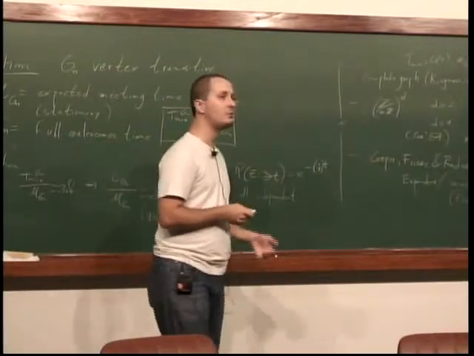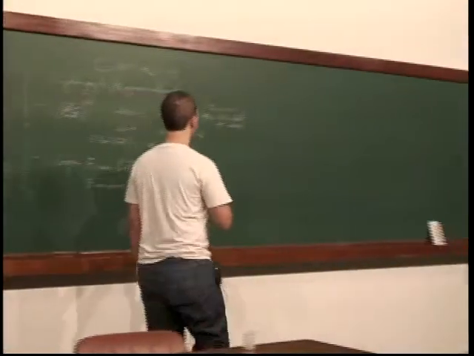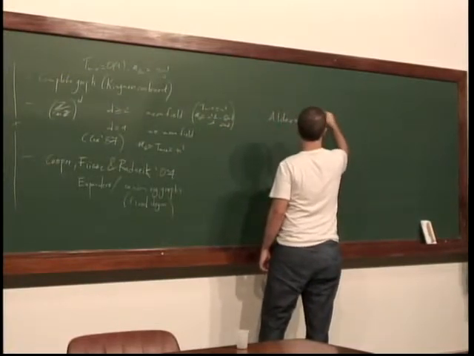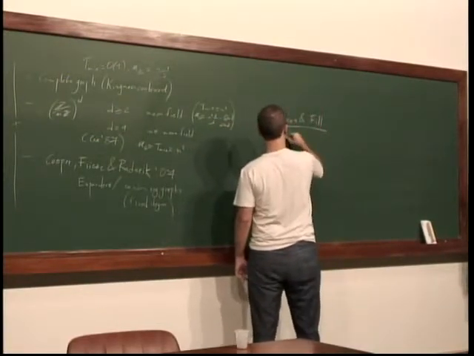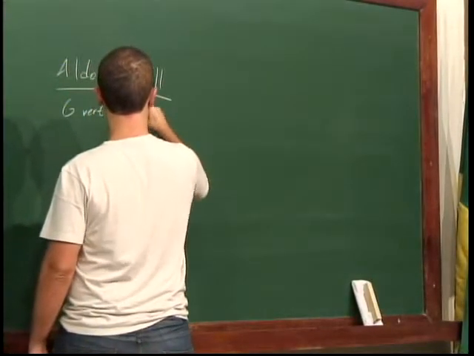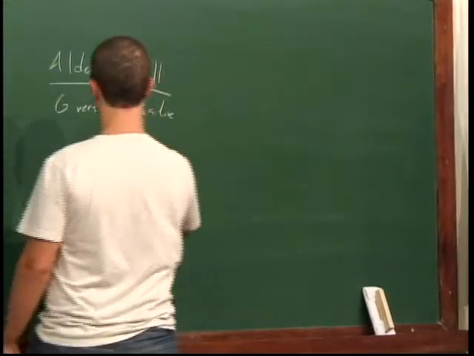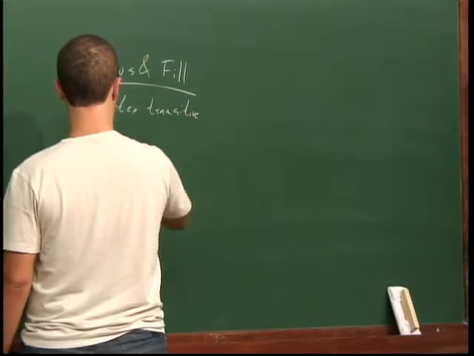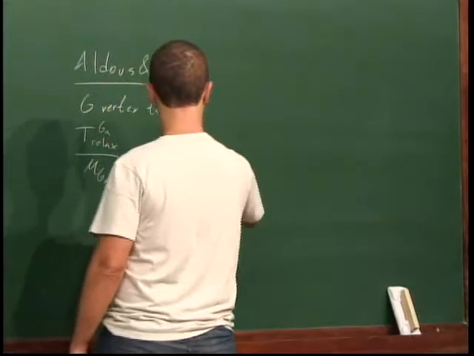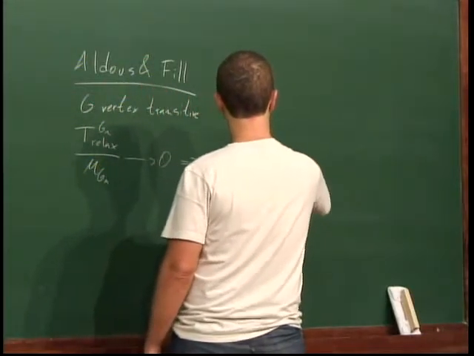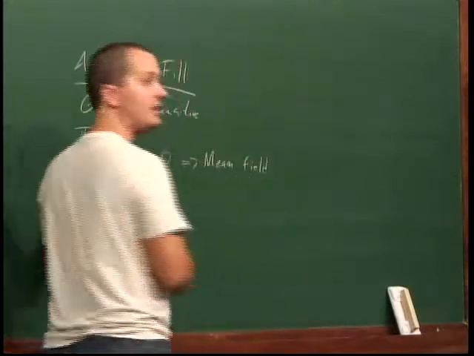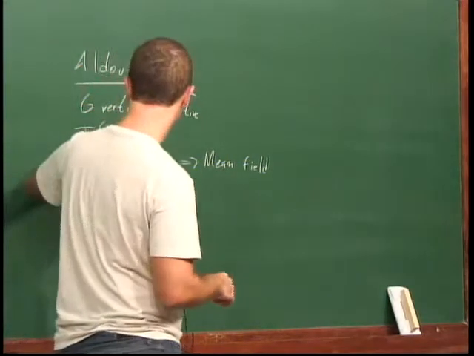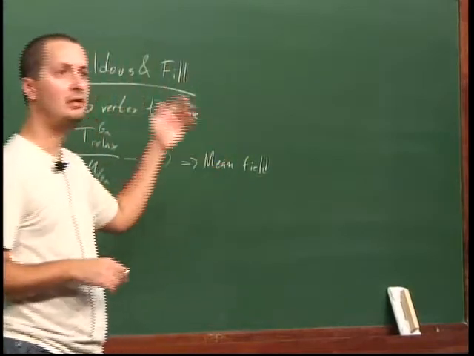Well, there's a problem that was posed by Aldous and Fill, which is, and I guess I'm going to have to erase this pretty soon, but for G vertex transitive, their problem was, is it true that if the ratio of the relaxation time, which is just the inverse of the spectral gap, for people who know what the spectral gap is, divided by mu going to 0 implies mean field?